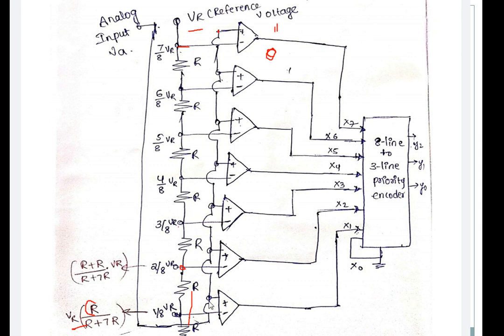In that case this output will be 1. Whenever this comparator output is 1, X1 will be 1 and the remaining are all 0. So here the output is 0 0 1.